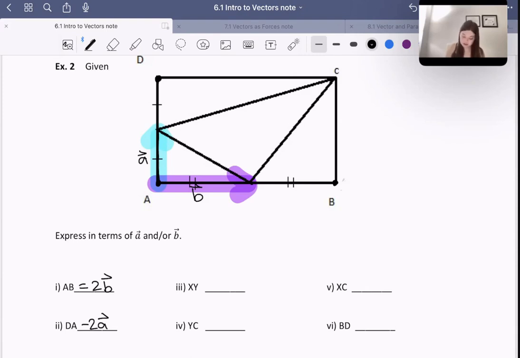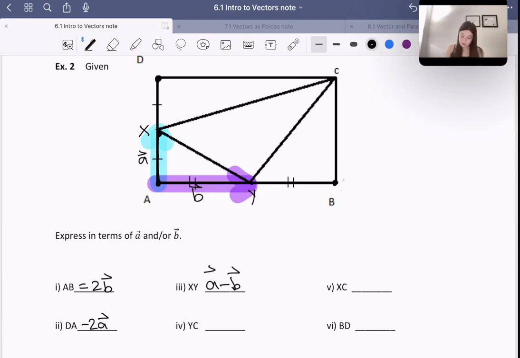XY should be labeled. My apologies. X and Y are supposed to be these ones. So that would be B minus A, right? If we start at X, we have to go, or sorry, that should be A minus B actually, right? Because we're going to start here. We're going to take A the opposite direction, right? And then we're going to just go right to B.